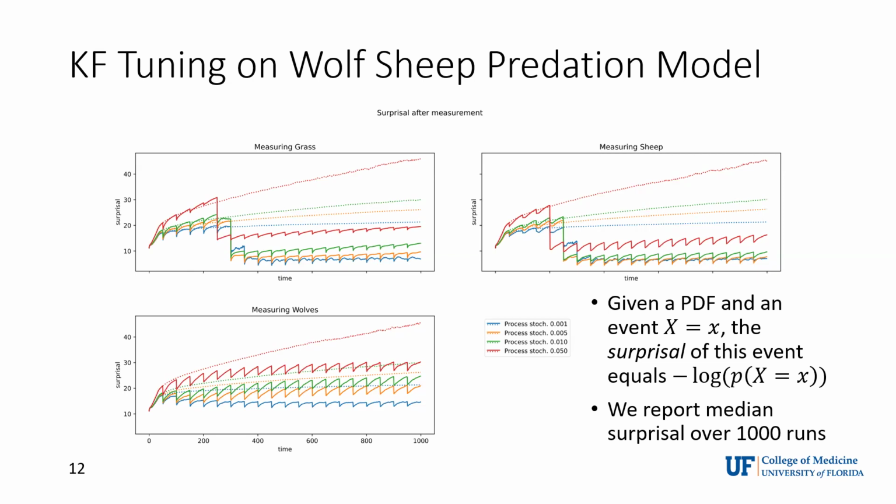And then on average, well, these are medians, but in general, it does fairly well at predictions. Whereas if we're measuring wolves, we seem to have this high surprisal, and it only gets worse if our process stochasticity goes up, if that noise from our model goes up. Hopefully, based on the previous slide, this shouldn't be too surprising. It's because we have these different attractors, and then we may reach an unstable state and then deviate, which for whatever reason is missed when measuring grass and measuring sheep.